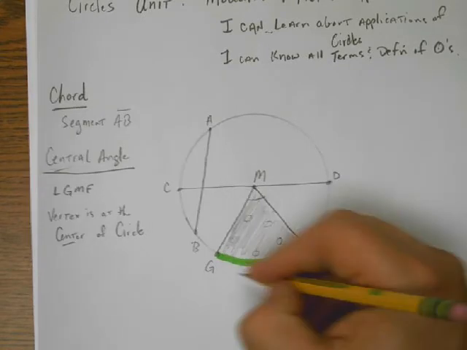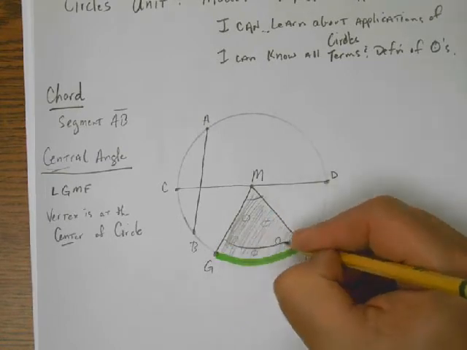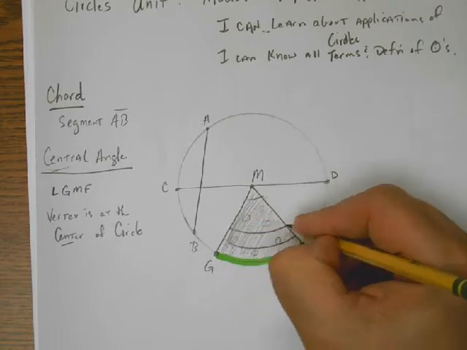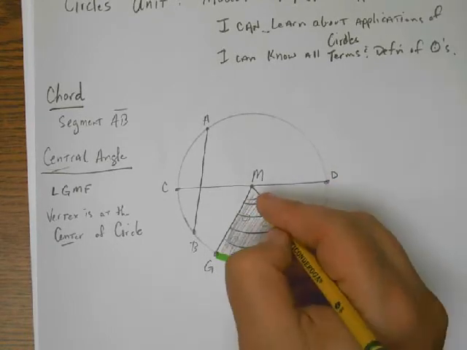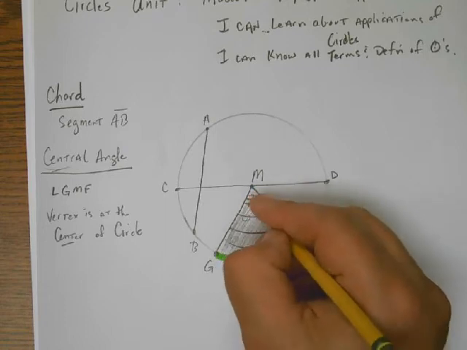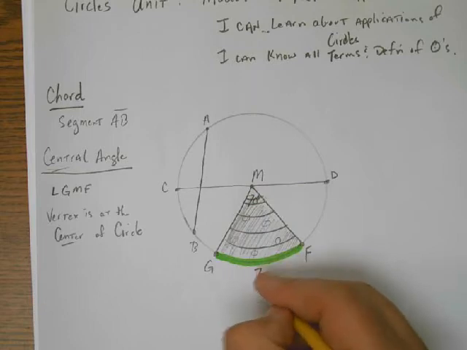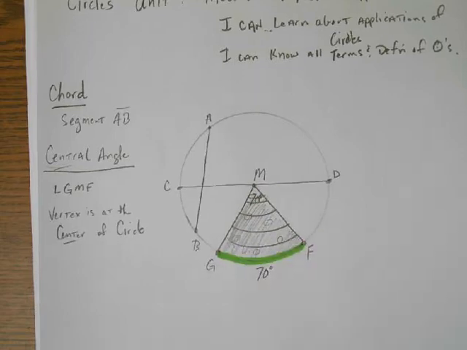But if you have an arc here, or here, or here, it doesn't matter where the arc is. The central angle, the measure of this, let's say that it's 70 degrees. That's the exact same as the measure of the arc, 70 degrees. So the central angle is equal to its intercepted arc.